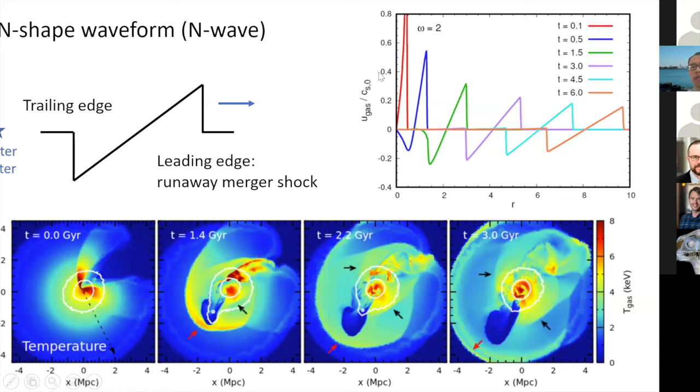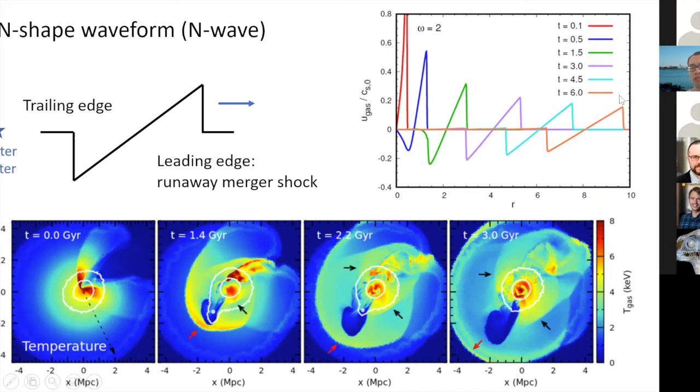Here, this right panel illustrates how the N wave is formed in galaxy clusters. When a shock becomes weaker, a rarefaction emerges, and because of the stratification and the non-linearity, this rarefaction becomes sharper and sharper, and eventually becomes a secondary shock front of the N wave.